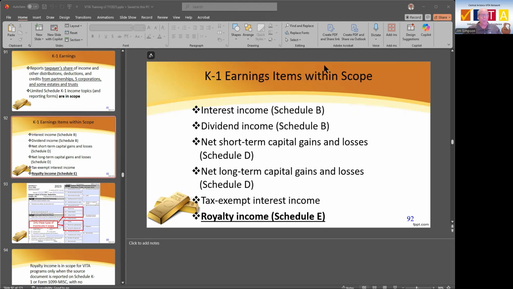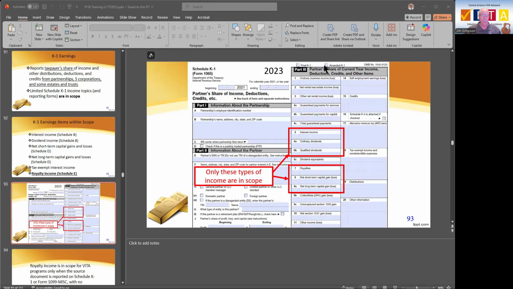Here's what we can do: when we get a K1 that's got interest income, dividend income, capital gains and losses, either short-term or long-term, tax exempt interest income, or maybe there's royalty income. All of these things, we get the K1 and we report these on Schedule E of the tax return.